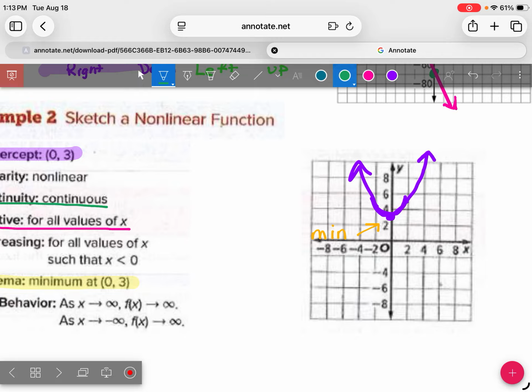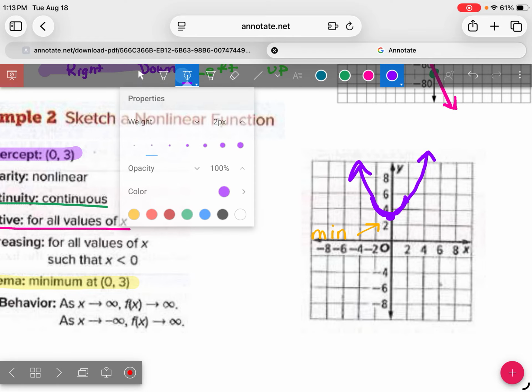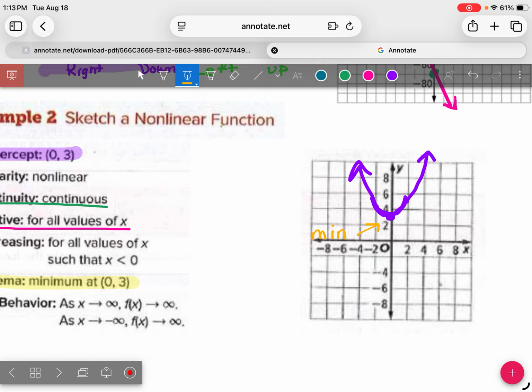And we can double check that looking at our listed end behavior. Or you can use your end behavior to see that if we're not sure. So maybe you're like, all right, I've got my minimum, but I don't know what's happening even higher. As x goes to infinity, so as we go to the right, where's our arrow pointing? Up.